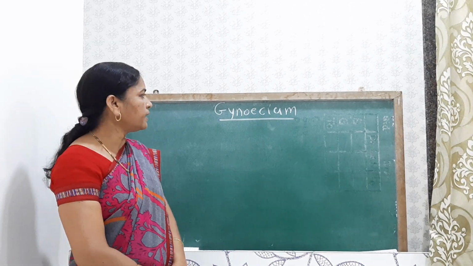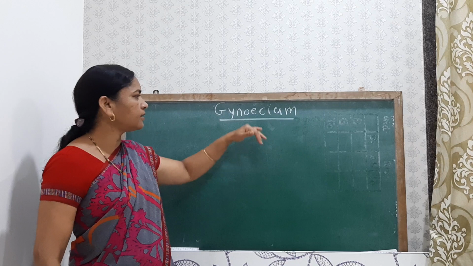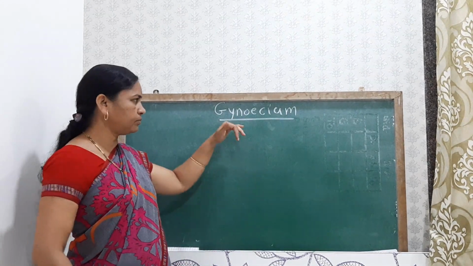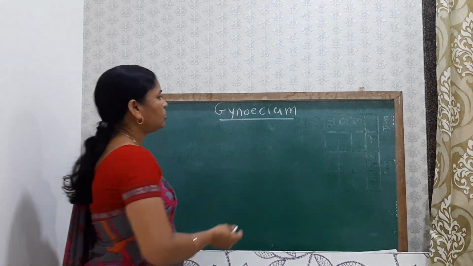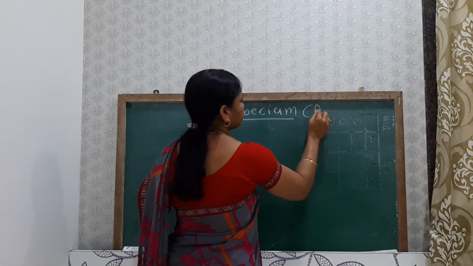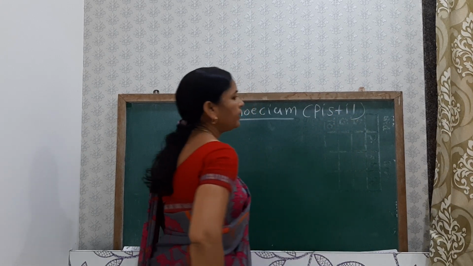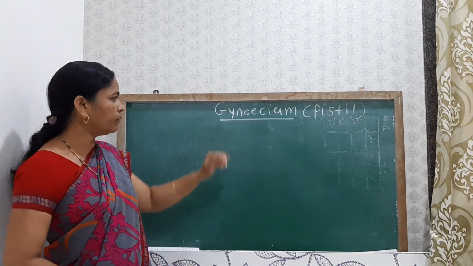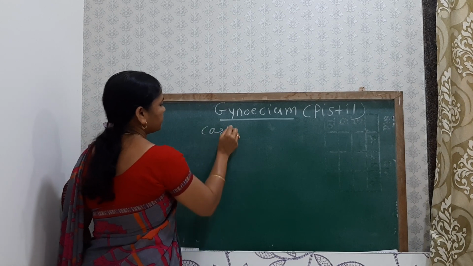So today we will see the female reproductive part of the flower, that is the gynoecium. Let us see how the structure of the gynoecium is. The gynoecium is also known as the pistil, and the individual member of the gynoecium is known as the carpel.